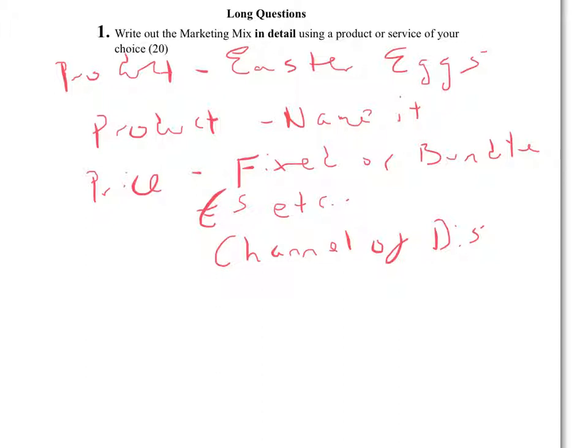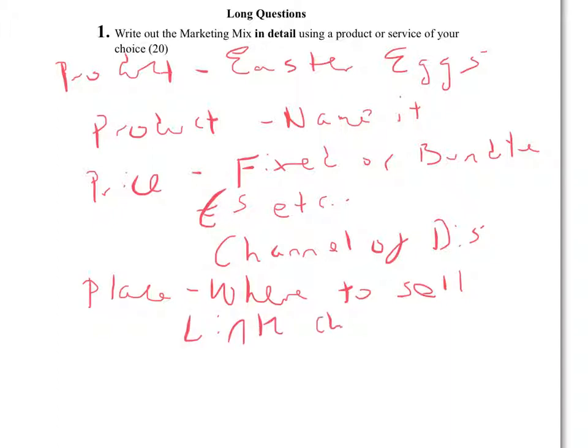Now, next is place. So that's really where you're going to sell. So you're going to link your channel distribution with the manufacturers to the retailers, or the manufacturer, wholesaler, retailer, consumer, or whatever.